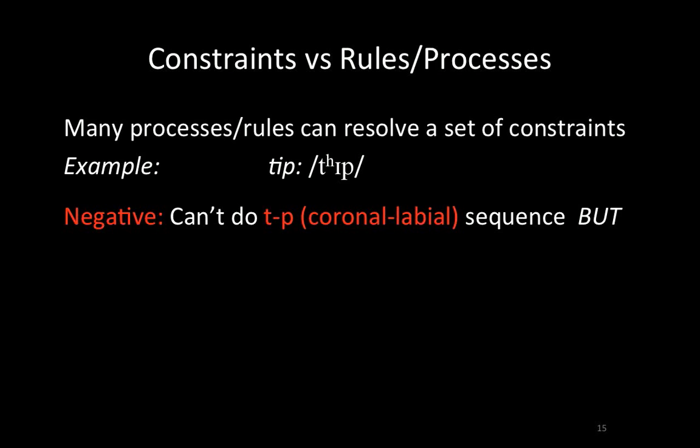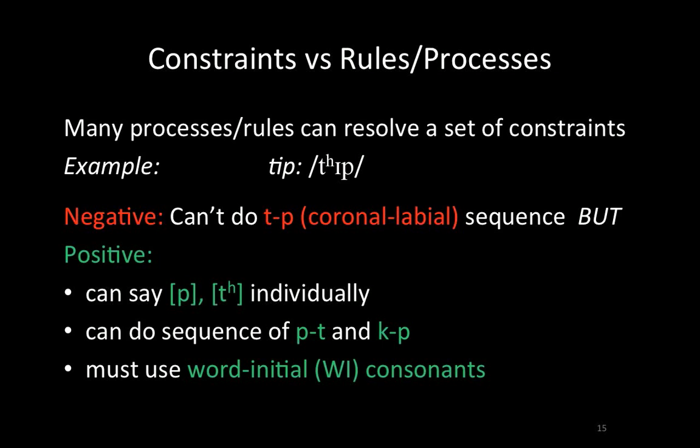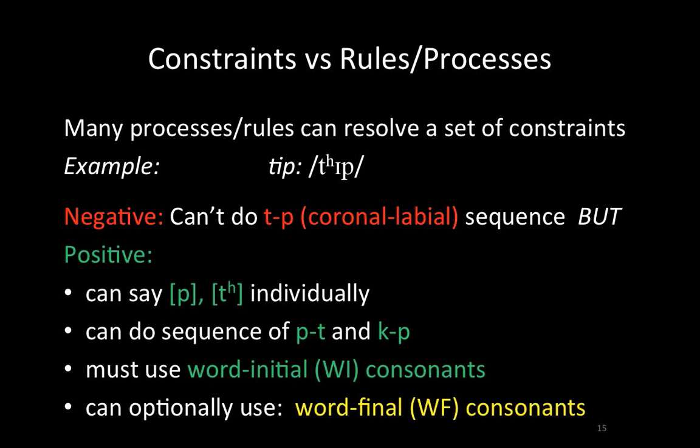There is a coronal labial sequence constraint that's negative. However, on the positive side, the person can say p and t individually, can do sequences of p, t, and k, p, and must use all the time word initial consonants. Optionally, the person could use word final consonants, but doesn't have to.